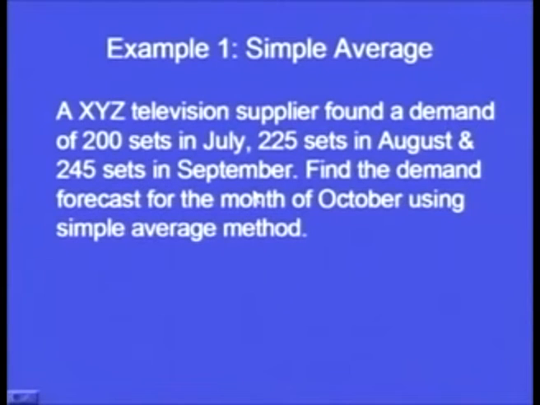An important point to note here is that we have the data available for 3 particular months of the year: July, August and September. You can see from the data 200 sets in July, 225 sets in August and 245 sets in September. So this means that an increasing trend is there, because 200 in July, 225 in August and 245 sets in September.